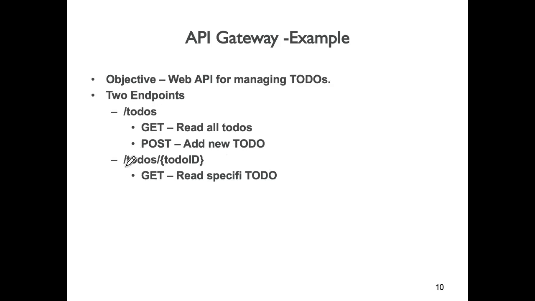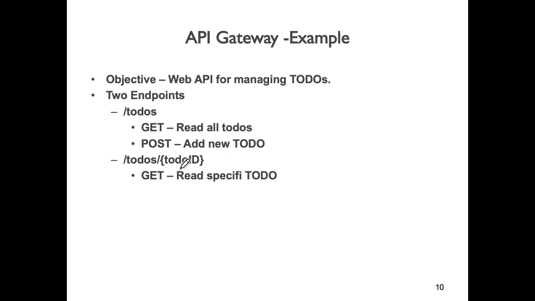The structure of the other endpoint is like this: /todo/ and then some sort of value, where the value represents the identifier of a to-do. Let's say it's the partition key value of the to-do item. If it's a GET request, then that's equivalent to saying we want our backend to return the full details of a particular to-do item in our database.